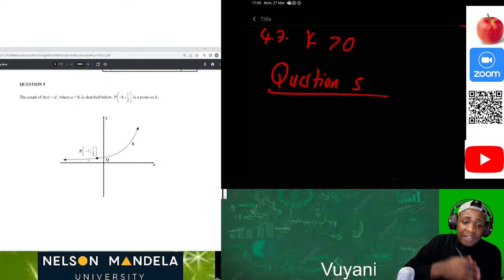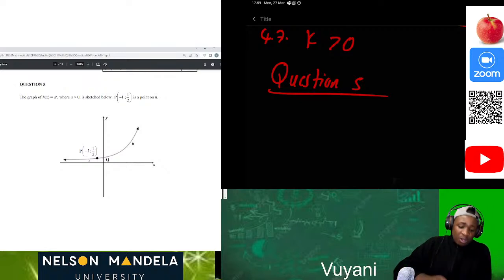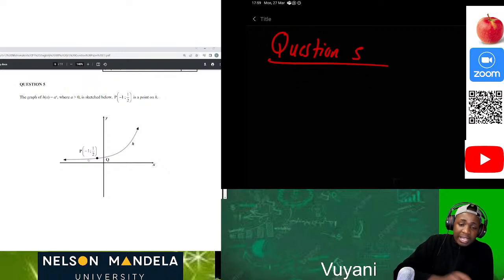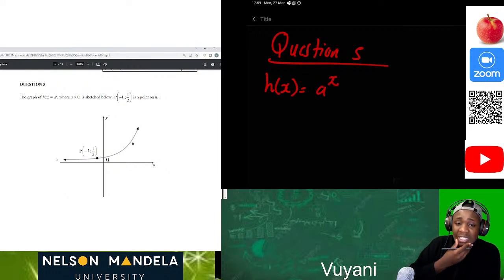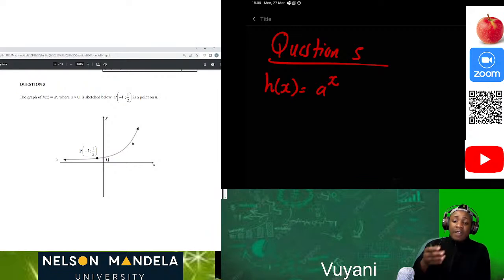Now, question five. The graph of h of x is equal to a^x. So we are given the graph of h of x, which is equal to a^x. So what do we know about that graph? This is an exponential function automatically, where a is greater than 0, because the function is above the x-axis.